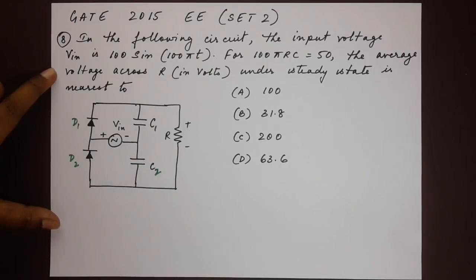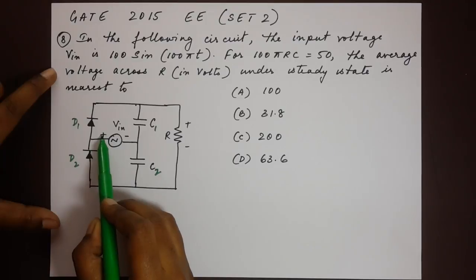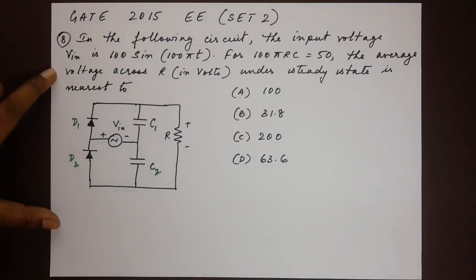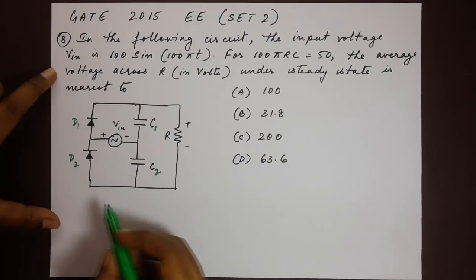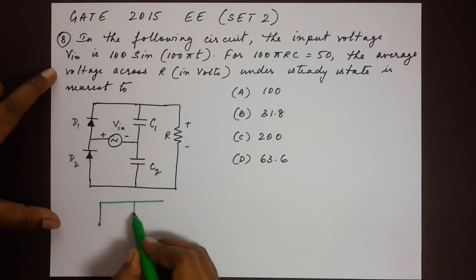So let's analyze what happens during the positive half cycle. Now when the positive half cycle is going on, you will see that the positive side is here. So D1 is in the forward bias state. So D1 is forward bias, D2 would be reverse bias. So now the diagram becomes, I'll draw it here.